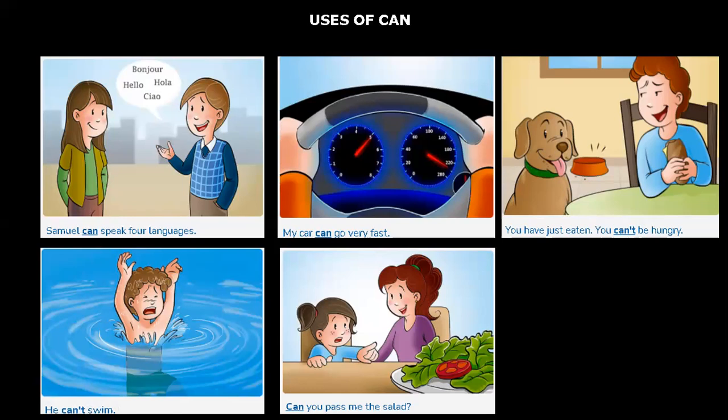Okay, sentence 2. Ana Gabriel, can you read the second sentence, please? My car can go very fast. Okay, in that sentence, we're not talking about the ability of a person. We're talking about what the car can do, like how fast the car can go, right?